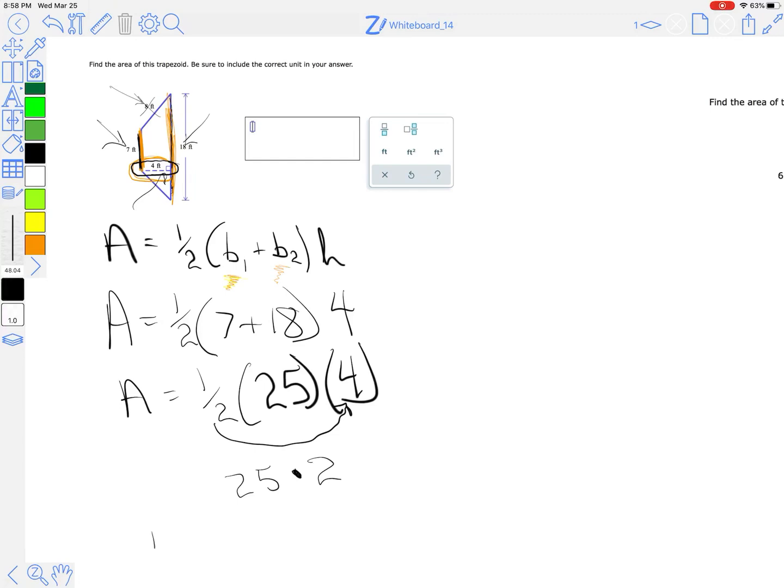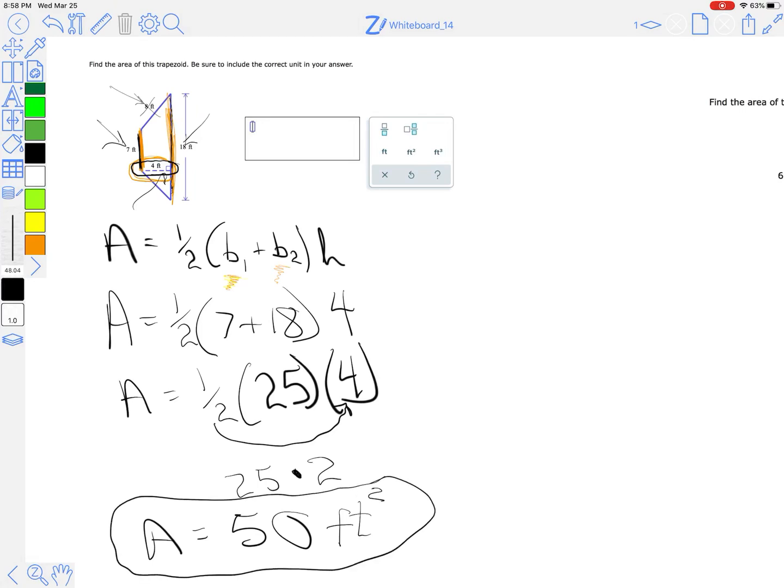So I know that the area should equal 50. My units are feet, and I'm finding area so it should be squared. Now again, if you're using a calculator, make sure you understand what to do with the 1/2. Using 0.5 is the easiest thing to do. Just enter it in there carefully.